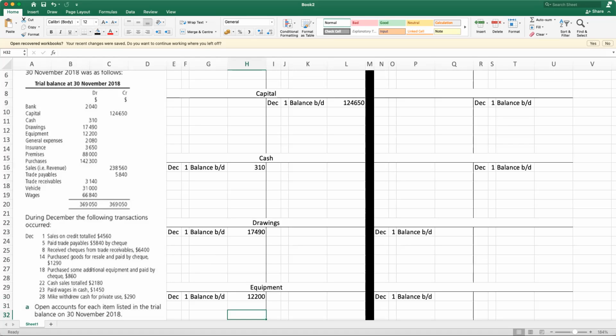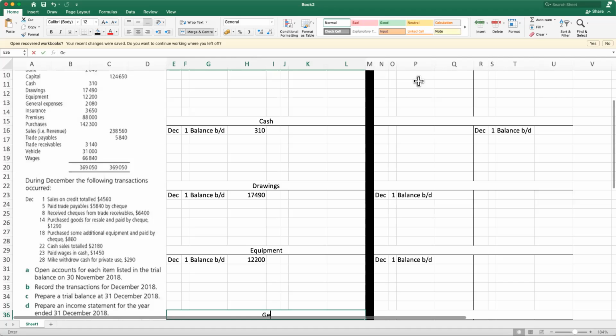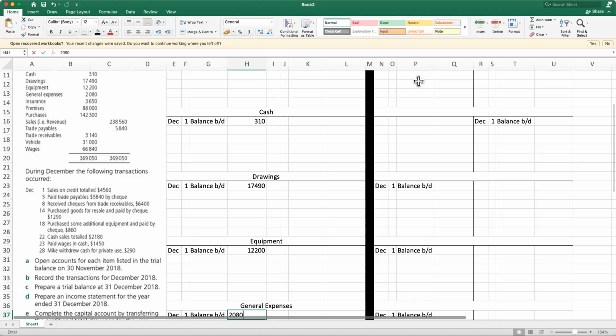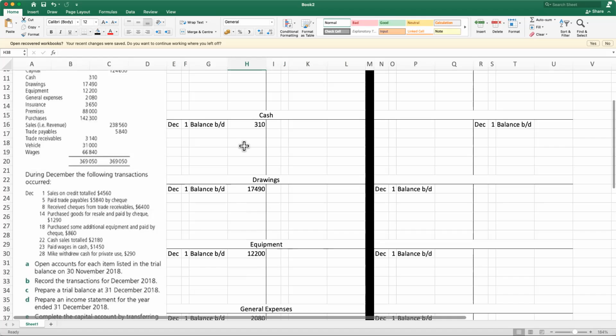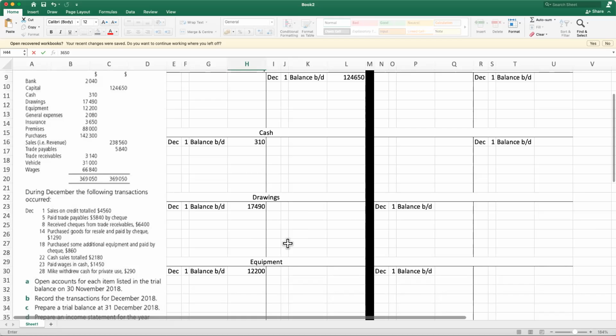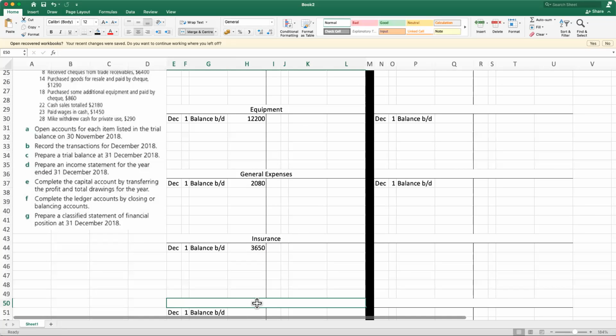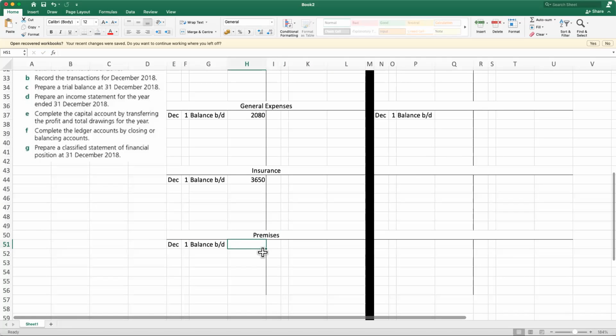General expenses. Insurance 365. After insurance, premises, 88,000.